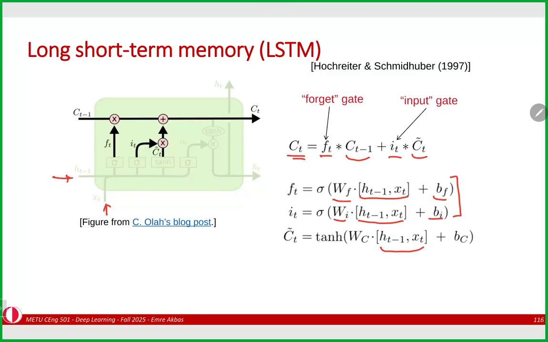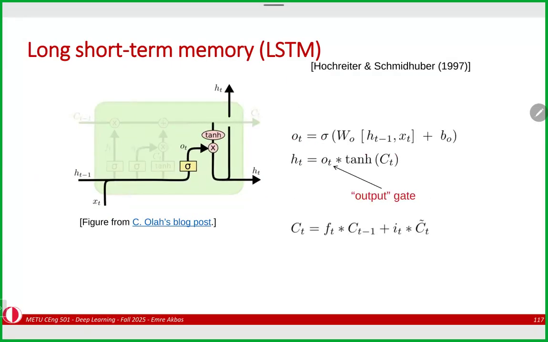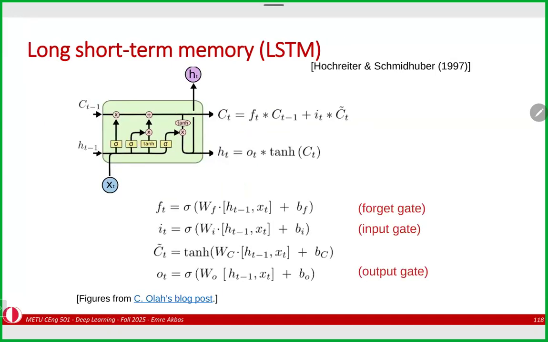So there is a gating mechanism, again as in GRU, but this is more complicated, and it's not necessarily better than GRU. There is another gate, called the output gate, and this decides how much of the computed cell state should be given to the current hidden state. Overall, these are the equations that govern LSTM.